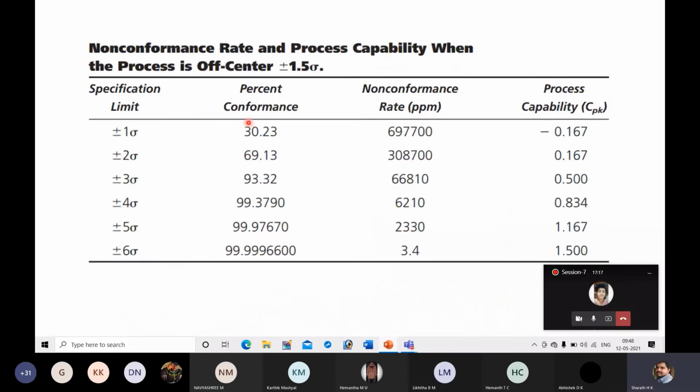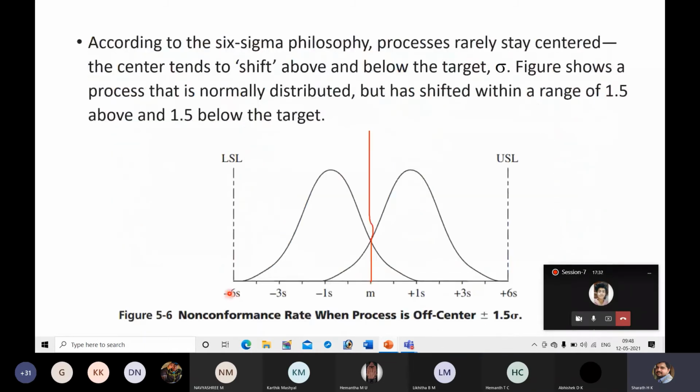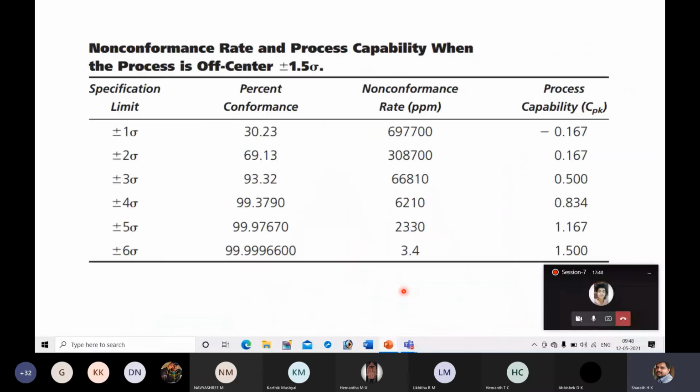Next, if you consider percentage conformance, what percentage of the products will fall within plus or minus 1 sigma? If you consider plus or minus 6 sigma, everything will fall within that. If you consider plus or minus 1 sigma, this is minus 1 sigma and this is plus 1 sigma, the percentage of components that will fall within this range will be only 30.23%.